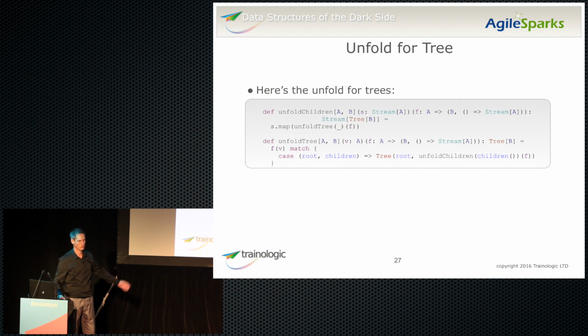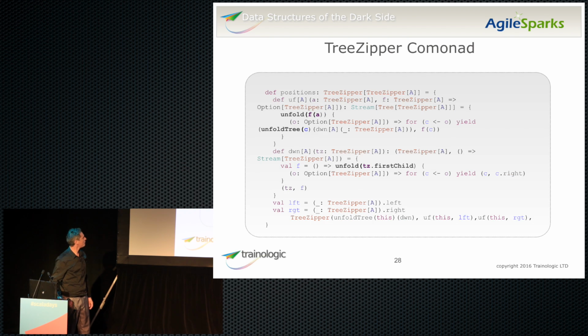I want to talk about difference lists, so I'll skip the gritty details and you can check them later online, and I'll provide the presentation. Positions is a little bit more complicated, but it's still using unfold for streams, unfold for trees, so based on the same ideas.